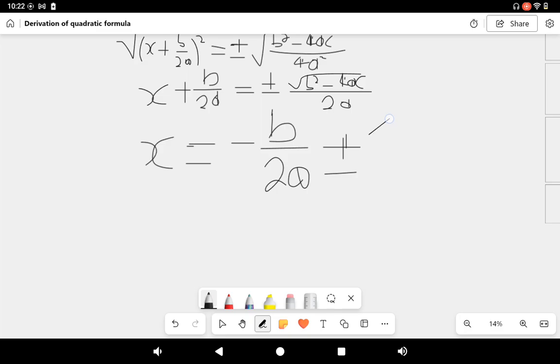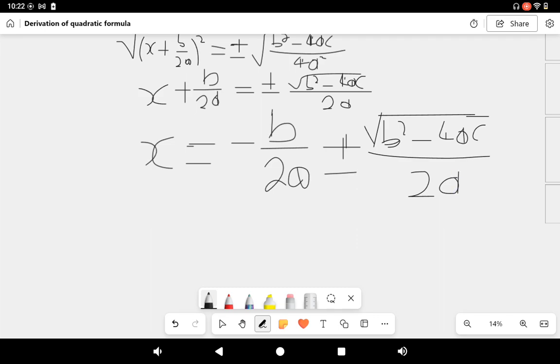So this is plus or minus, now the square root of this thing, b squared minus 4ac. It's even so ugly, but it's fine. Then over 2a.